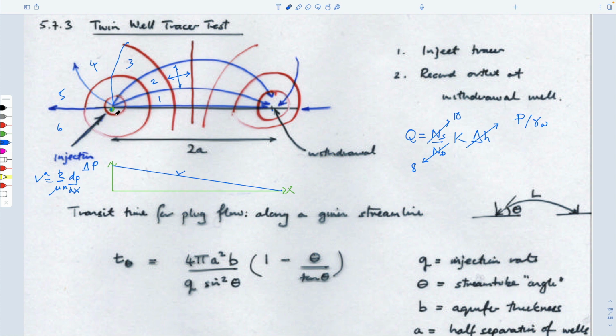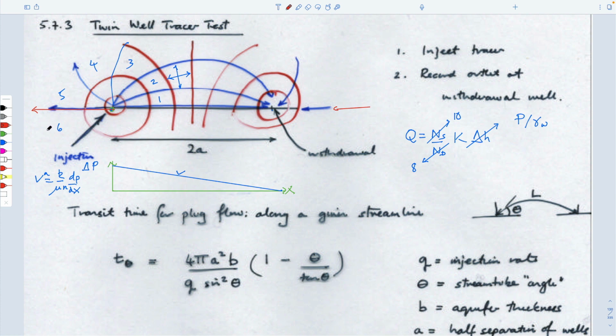And the residence time to get from this well to this well by going in this direction, out to minus infinity or to plus infinity in this direction, and then back in from the other side, the residence time on this stream pathway is infinite.